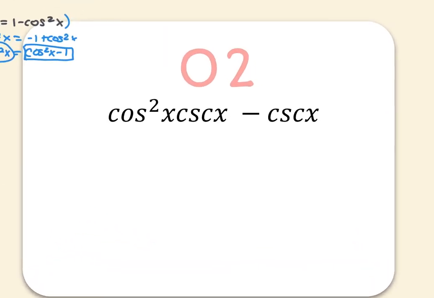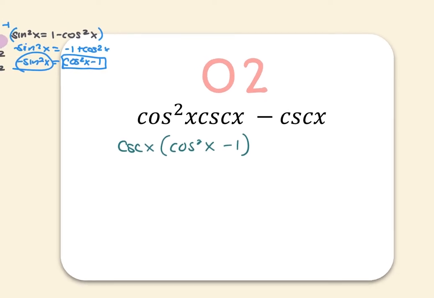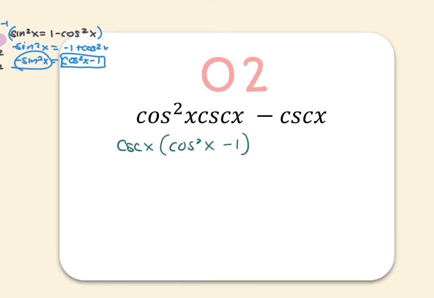Go to 2. What do you see there? Cosecant is there twice again, right? So cosecant x times cosine squared x minus 1. What did we just say is the same as cosine squared x minus 1? Negative sine squared, right?